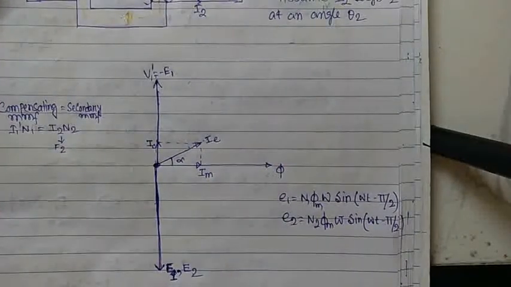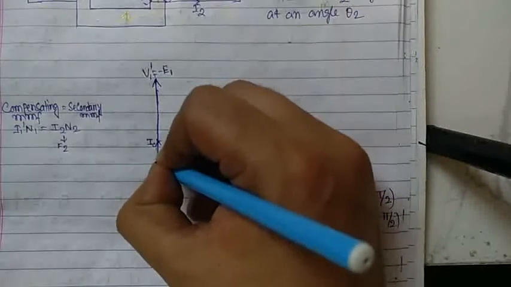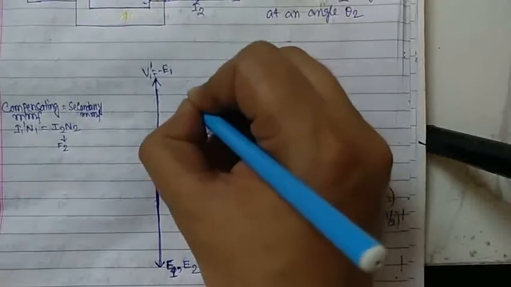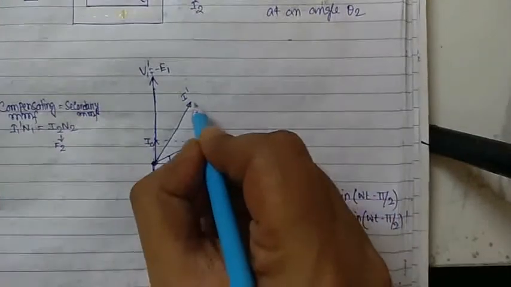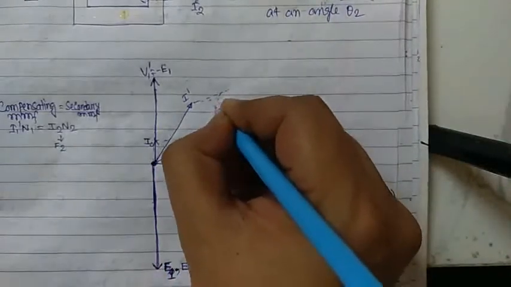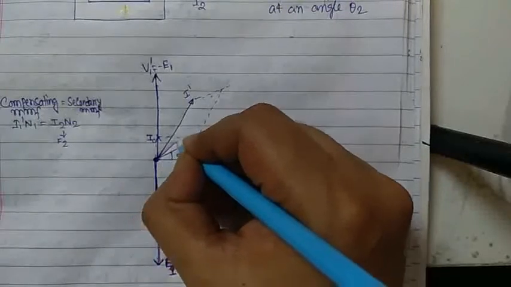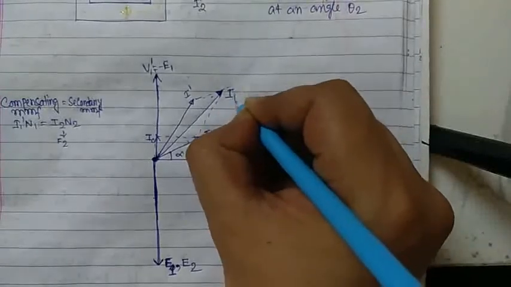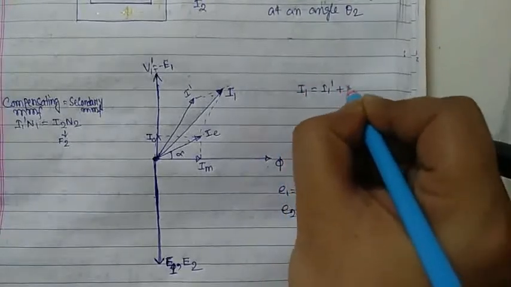So on the primary side, suppose this one is your I1 dash, and the combination of I1 dash and IE gives the total primary current, that is I1. So I1 is nothing but I1 dash plus IE.